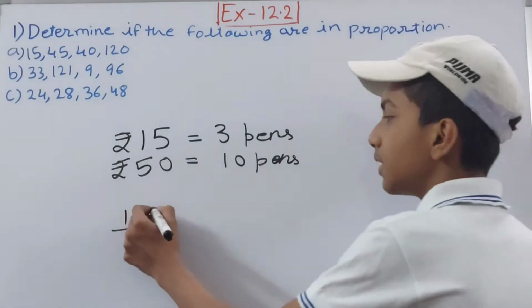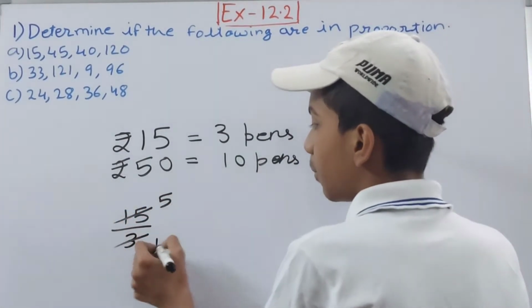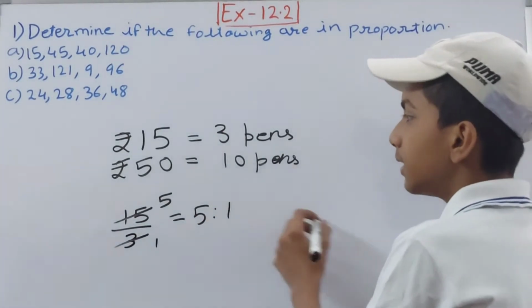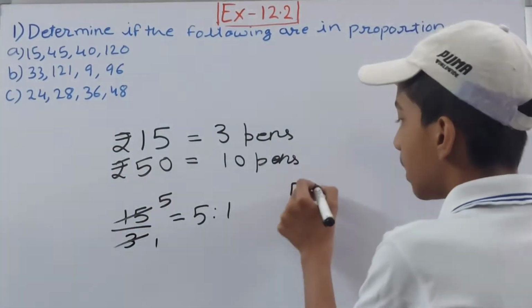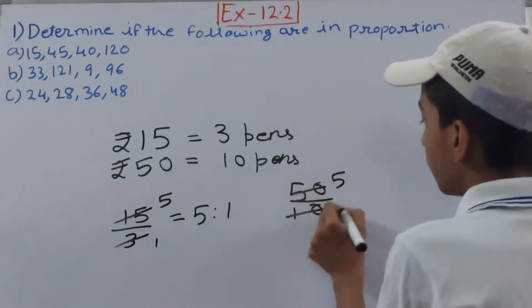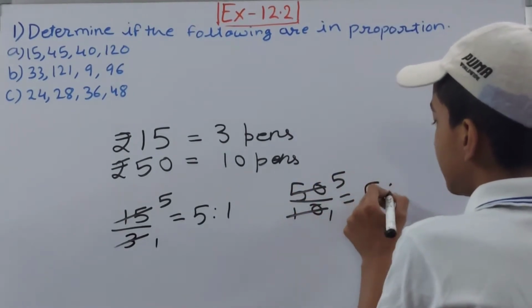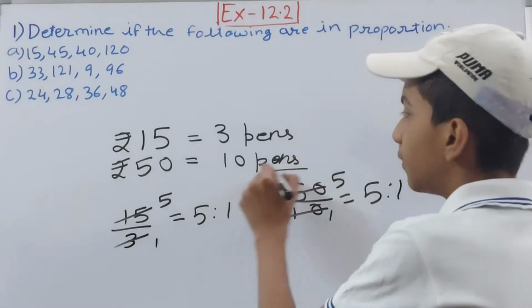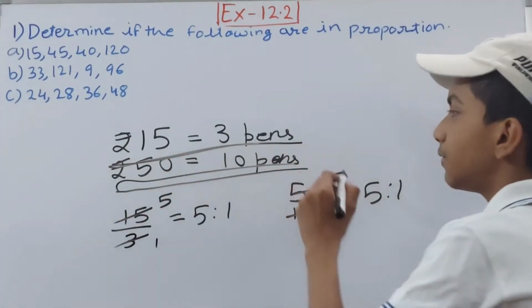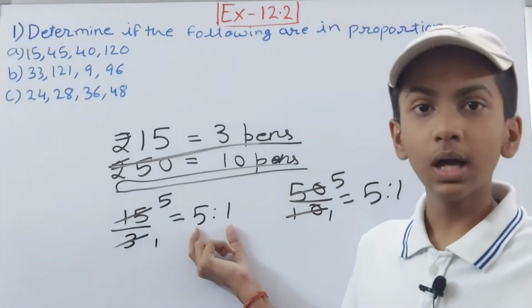So this becomes 5 upon 1, that is 5:1, right? And here this will be 50 upon 10 and that becomes 5 upon 1. So you can see that for this also you will get 5:1, and for this also the ratio will be 5:1.